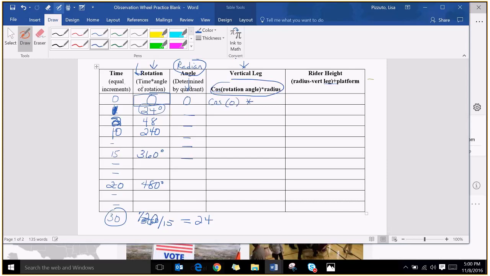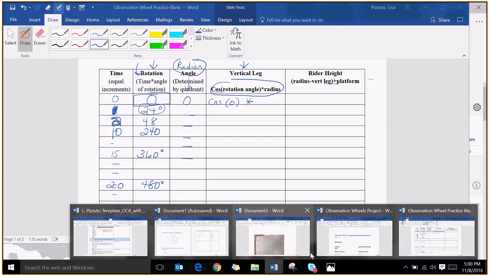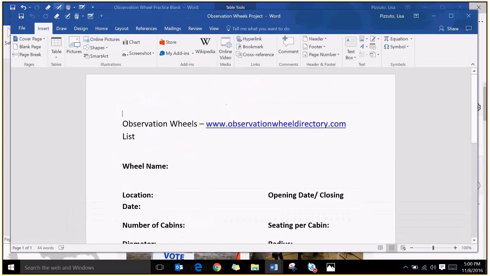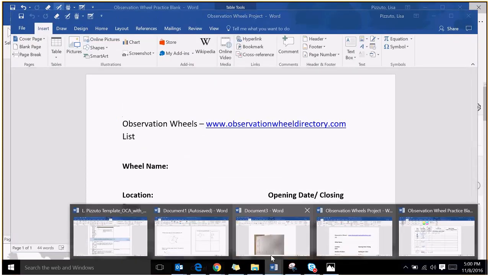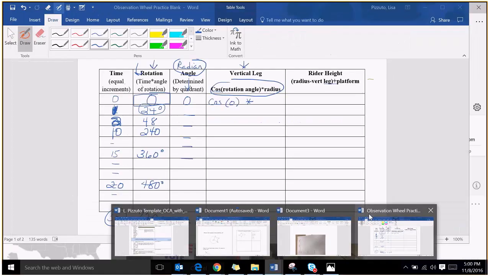So what was the radius for your Ferris wheel? Um, let's see. Sorry, I've got to open this up. That's fine. I think I've already closed it.